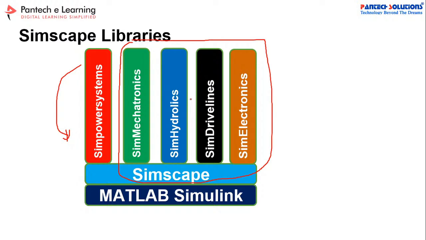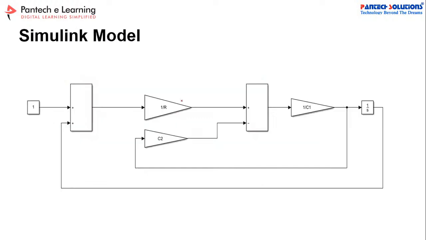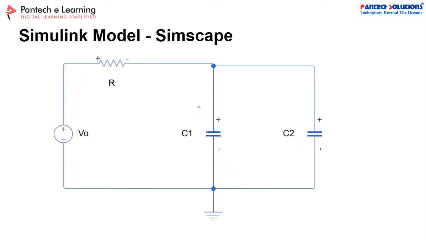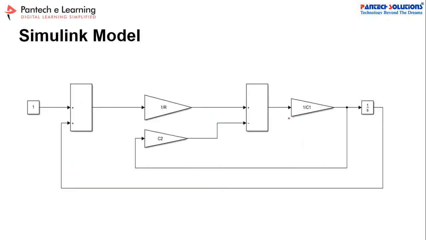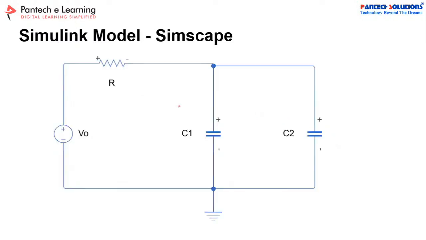All right. So let us take this Simulink model. In this Simulink model, one resistance is modeled and there are two capacitors. If you take this example, the same circuit has been developed in the Simscape environment.